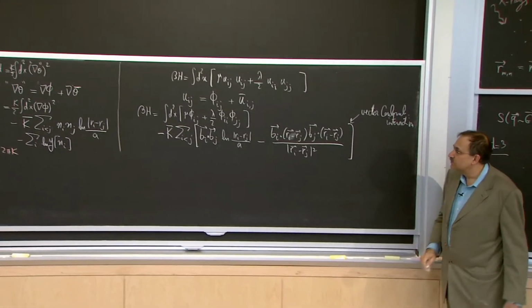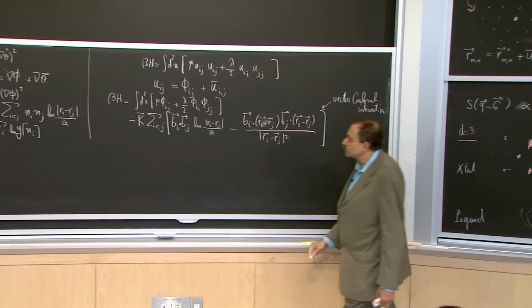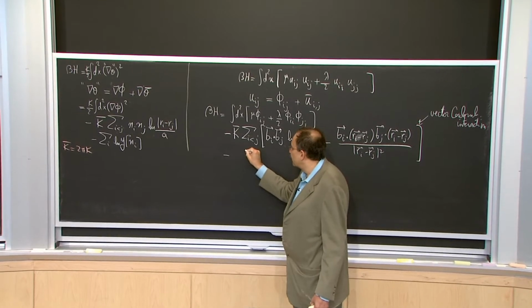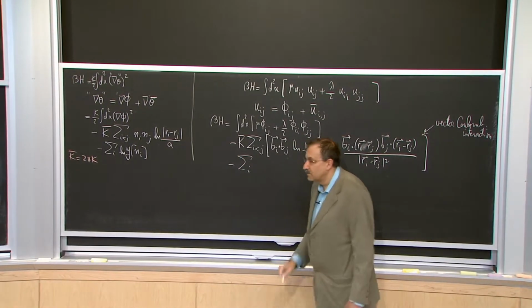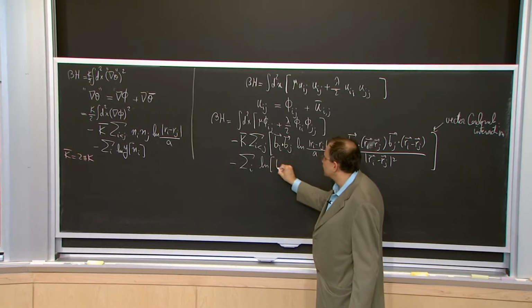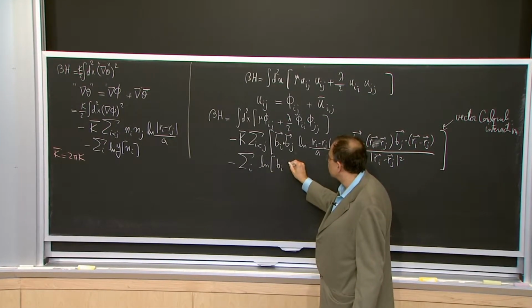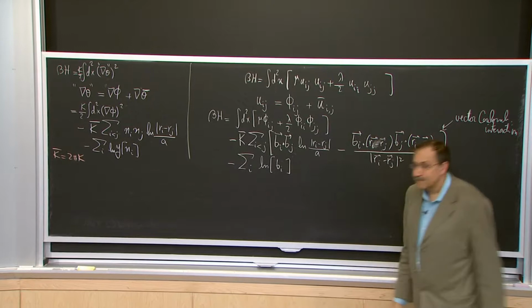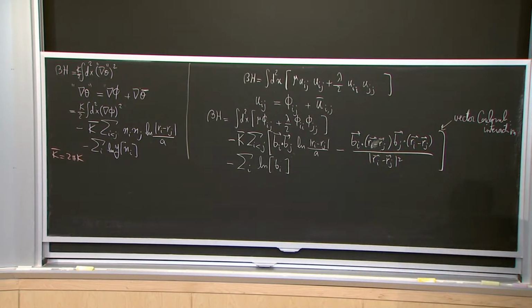That really is the only difference. And of course, you will again get a sum over all locations of the core energies for creating these defects. Okay?